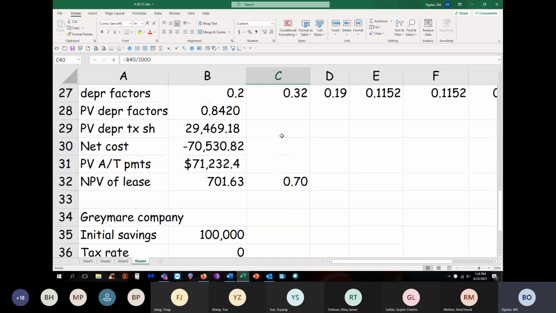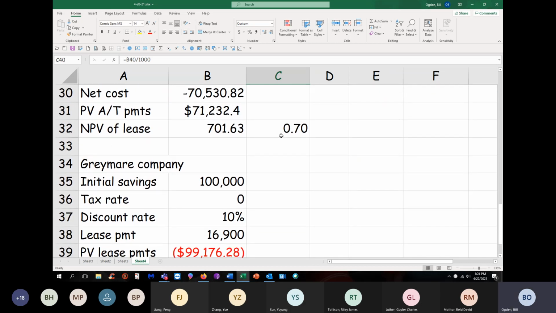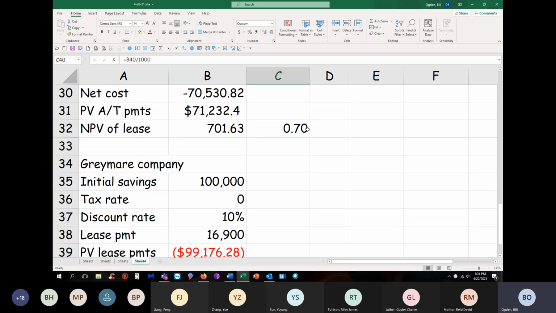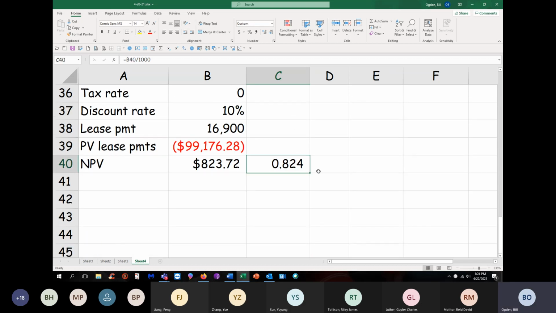So this is what you're supposed to have read through and found. Now your questions. What is question 14 asking about this? Well, what do you think? What are the 3 questions we have relative to analyzing leases? Well, one, of course, is the NPV of the lease. We've done that. There it is for the lessor. Here it is for the lessee.